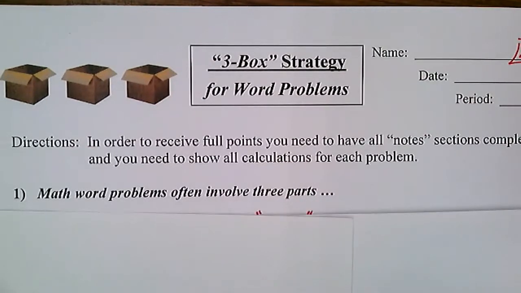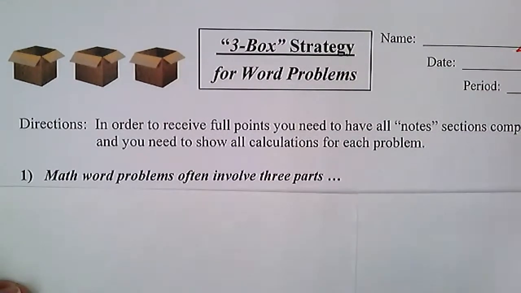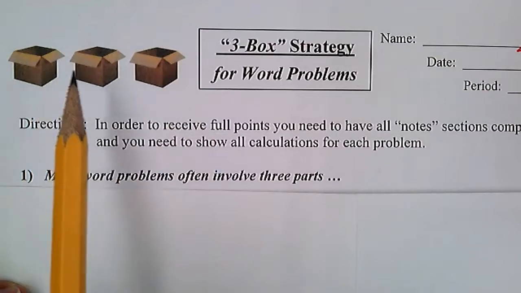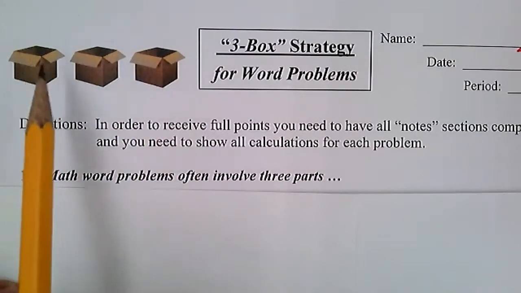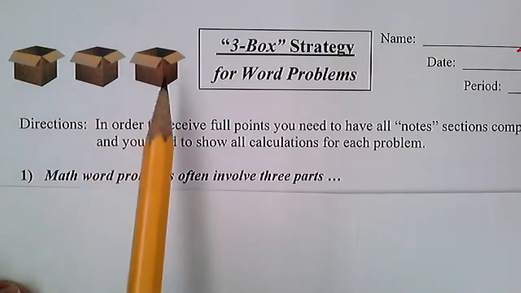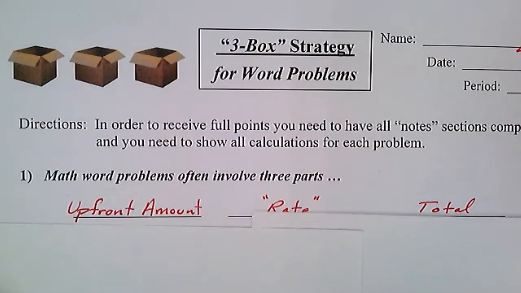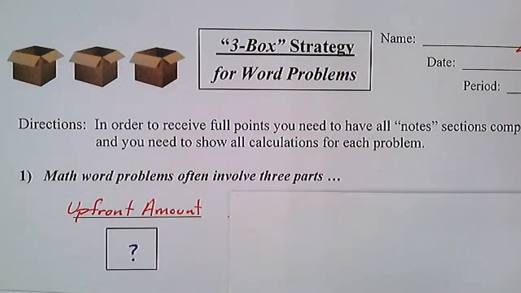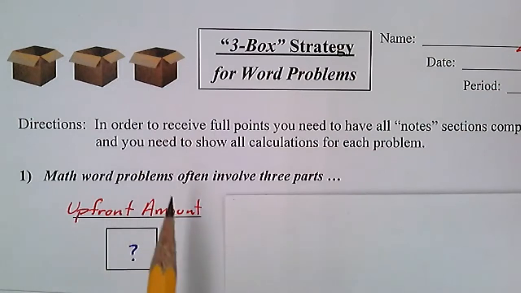Most math word problems involve three parts, and that's why I came up with the three boxes. We need to figure out what goes in the first box, the second box, and the third box. The first part is what I call the upfront amount, or the starting amount.